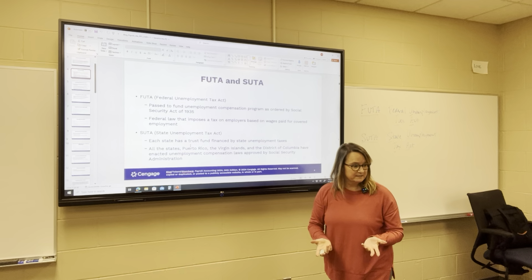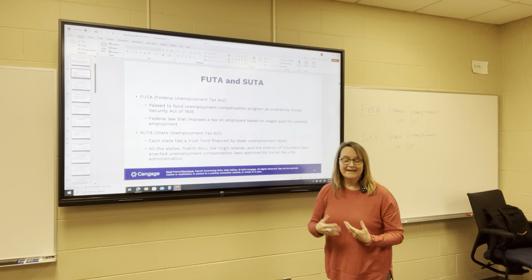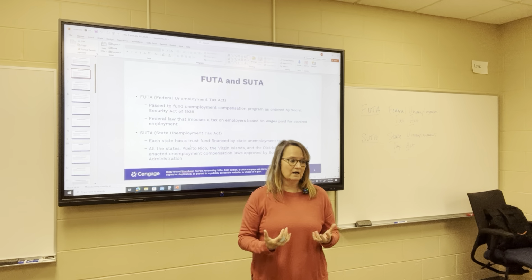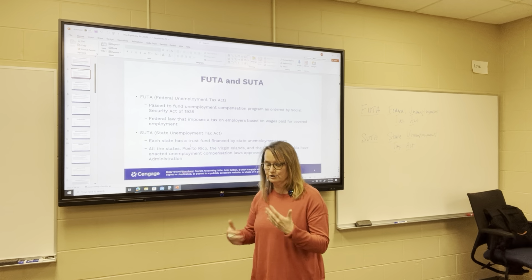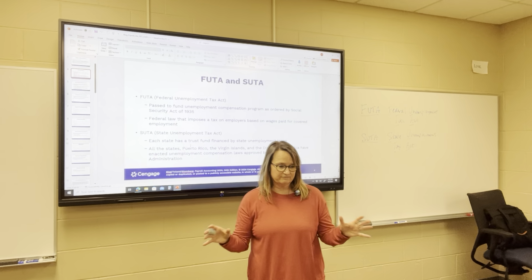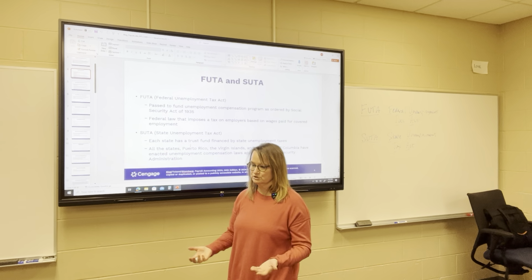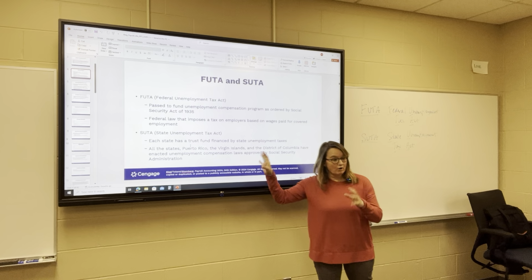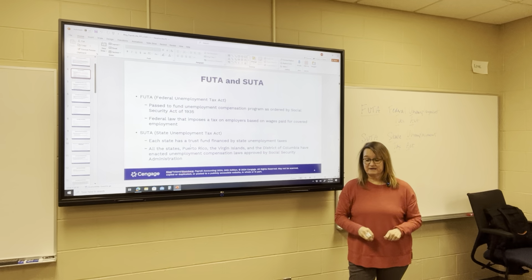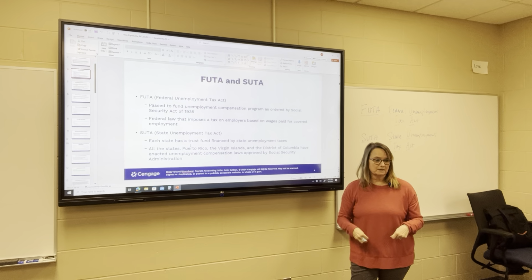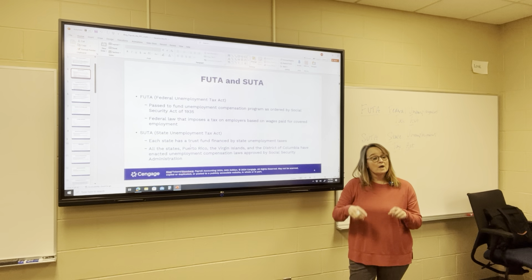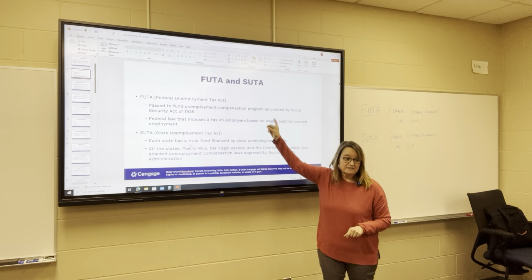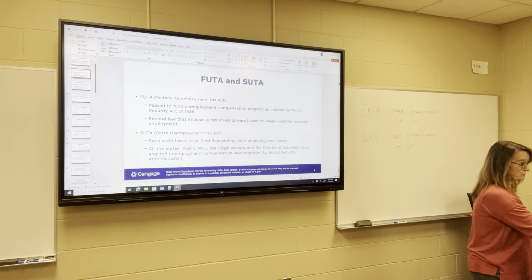So when somebody becomes unemployed, if they are eligible, and we're not really going to go into the benefits and eligibility and how you're eligible and all of that stuff. I don't have information on the benefits. I have information on the tax part of it. But SUTA, all of those funds are going to pay those benefits. So when somebody receives those unemployment benefits. So I had said earlier that FUTA tax is lower, generally speaking.